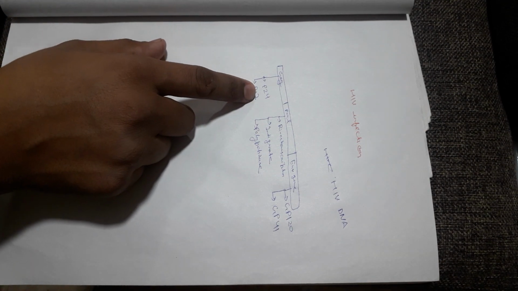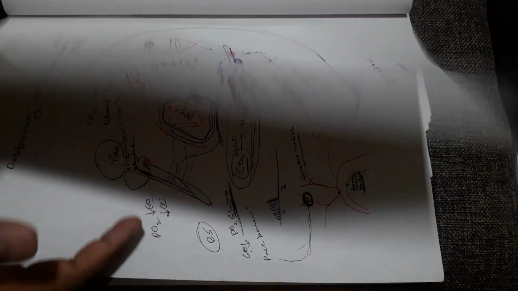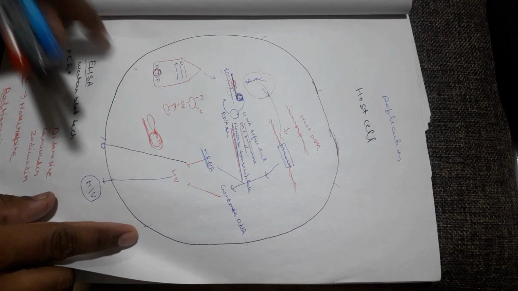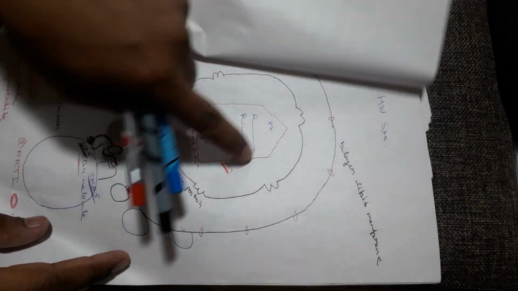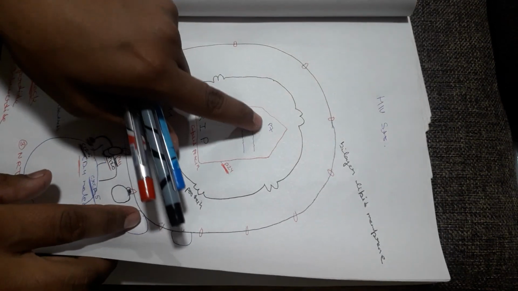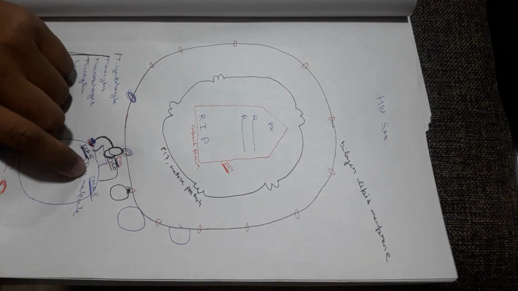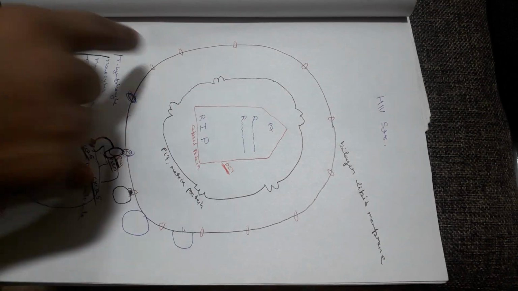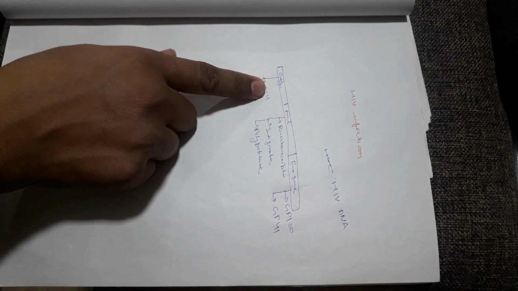The gag gene synthesizes p24. p24 is a protein which is present on the capsid. See here, this is p24 synthesized by the gag gene, and p17, the matrix protein, is also synthesized by the gag gene.